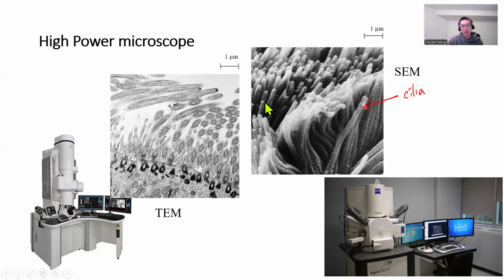Okay, men don't have it, but in the female reproductive tract, the fallopian tube, or the oviduct, is where the egg is going to be traveling along. The hairs will help guide the eggs to the uterus. Okay, and that's what they look like, these little cilia, and you can see them in great detail with these high power microscopes. Okay.